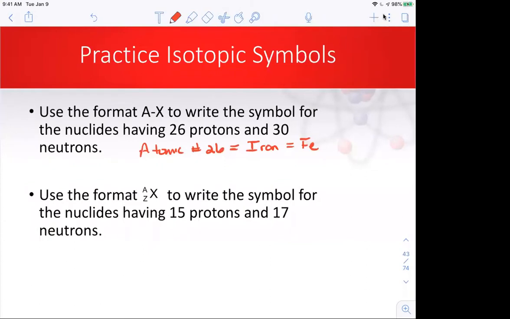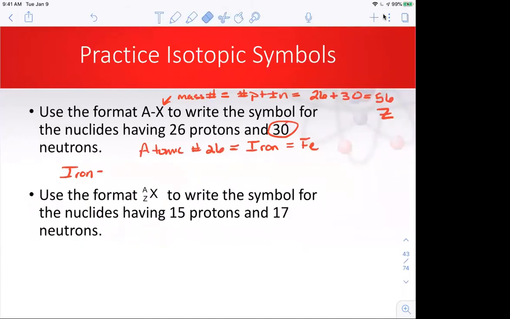So I could write iron. Now I have 30 neutrons. This X is the mass number, which is equal to the number of protons plus the number of neutrons. So that's equal to 26 plus 30, which gives me 56 as my mass number.